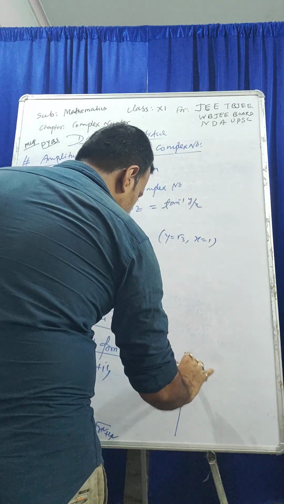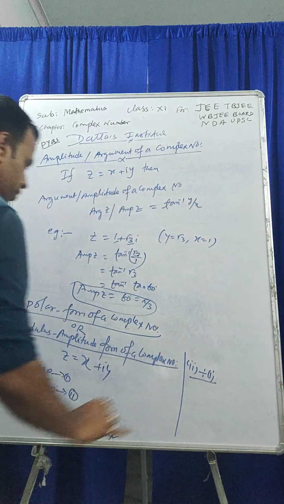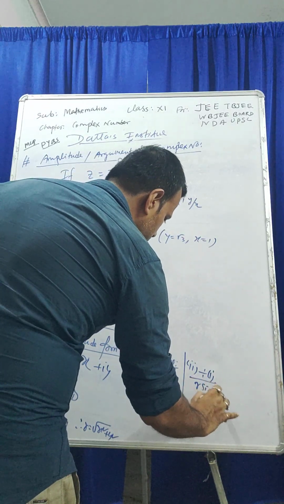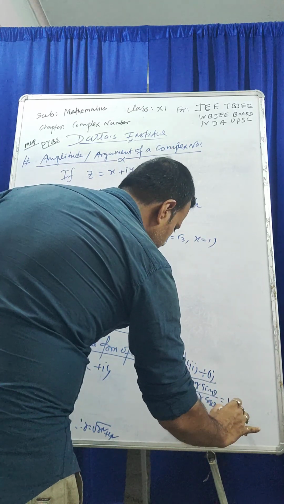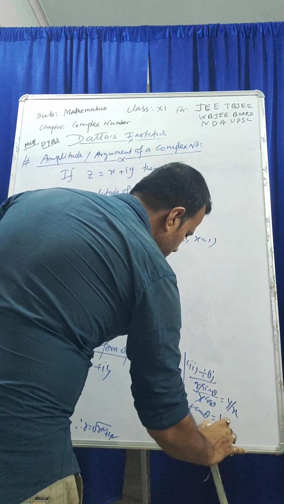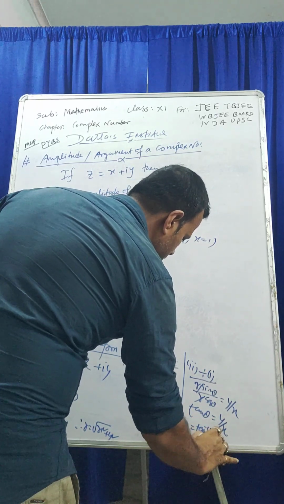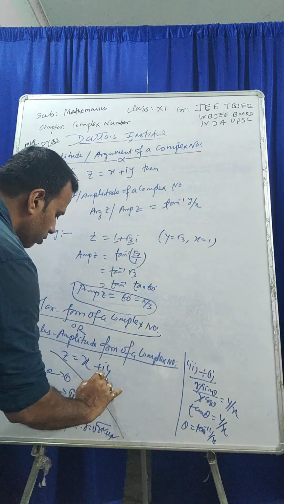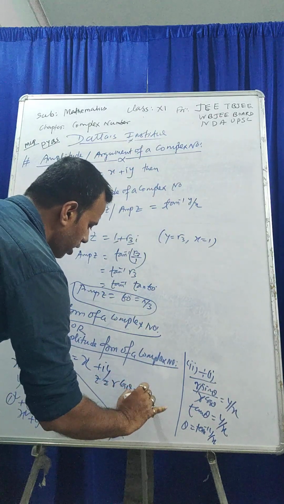If you divide 2 by 1, you will get tan theta, that is r sin theta by r cos theta, equal to y by x. R cancels, so tan theta equals y by x, then theta equals tan inverse y by x. Okay, fine. So the modulus amplitude form will be Z equal to r cos theta plus i r sin theta.